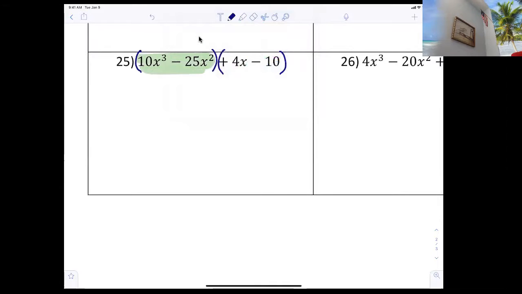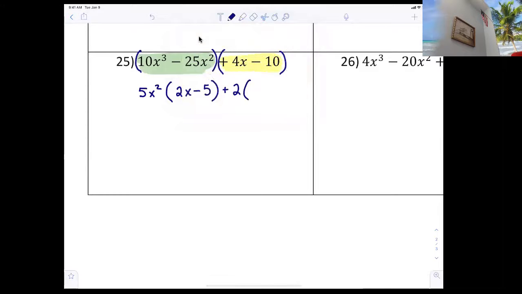Any issues with 5x squared? Parentheses. 2x minus 5. Brilliant. Now we are looking here. What is common? Positive 2.